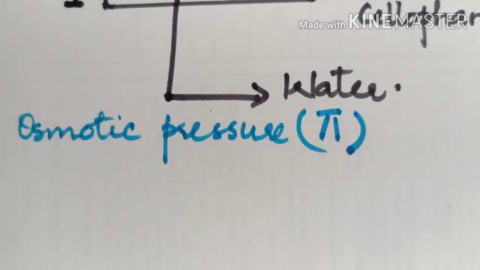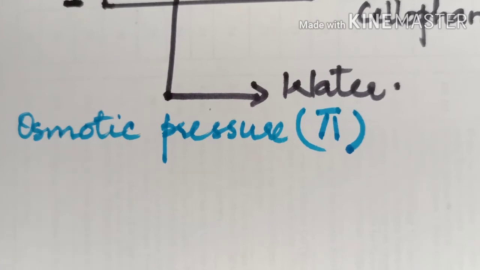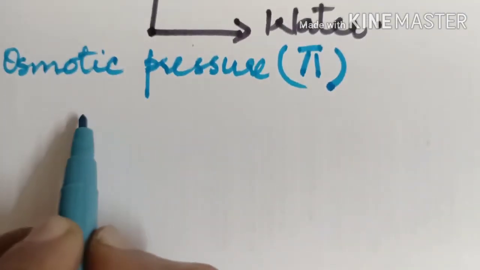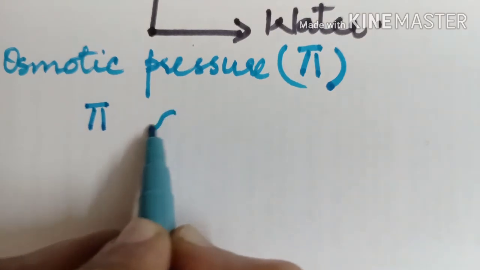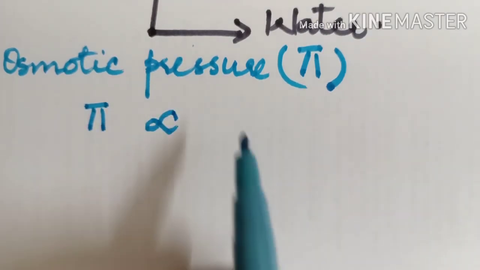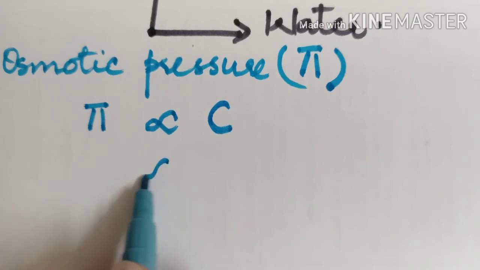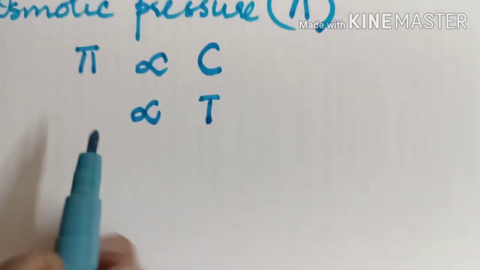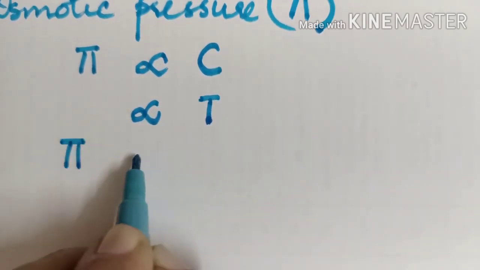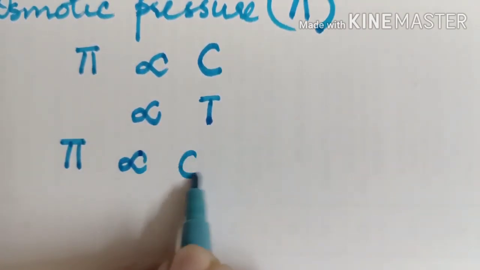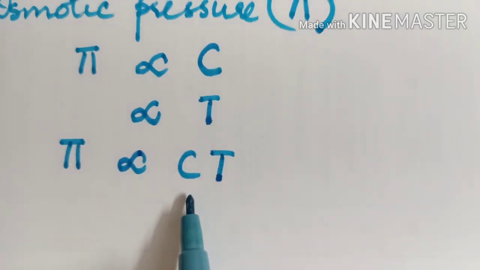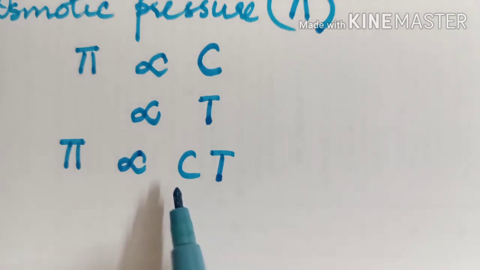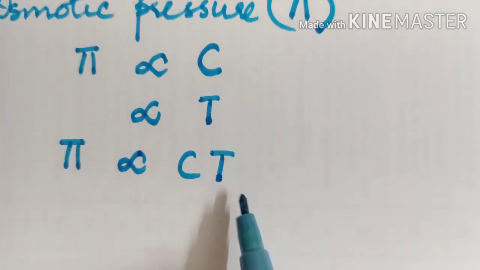Now, what factors are affecting this osmotic pressure? Osmotic pressure is dependent on the concentration of the solution. It is also dependent upon the temperature. So you can combine it together and write it as pi is proportional to CT, where C stands for the molarity or the concentration of the solution and T is the temperature in Kelvin.